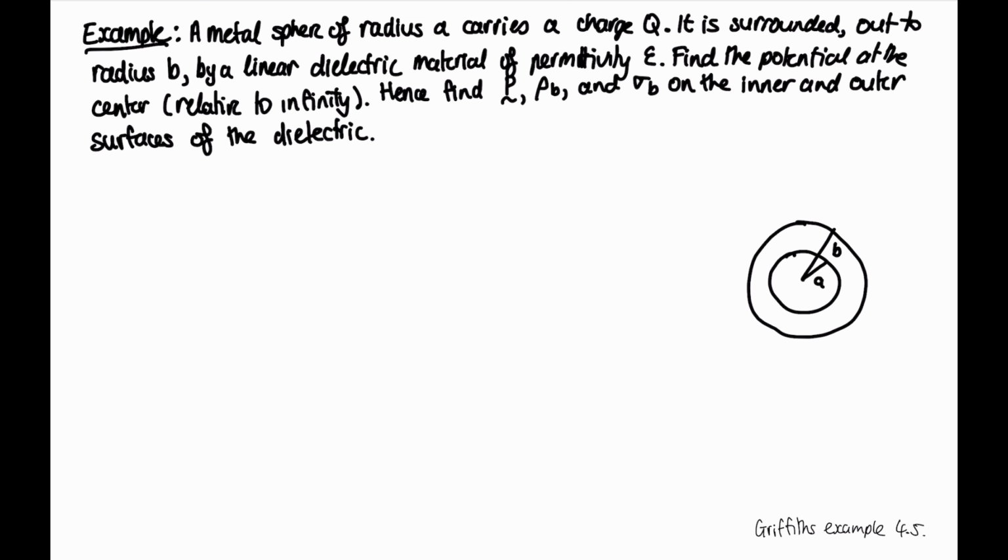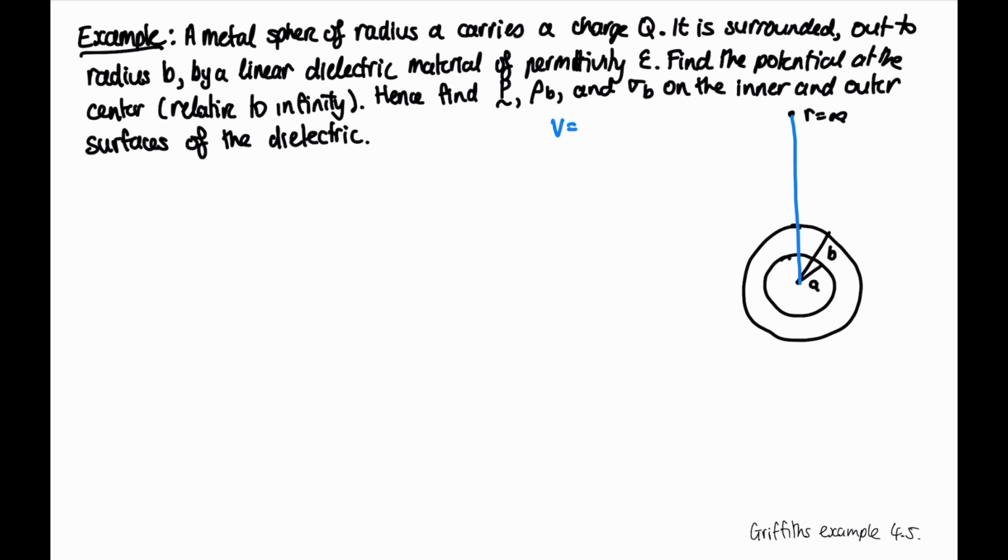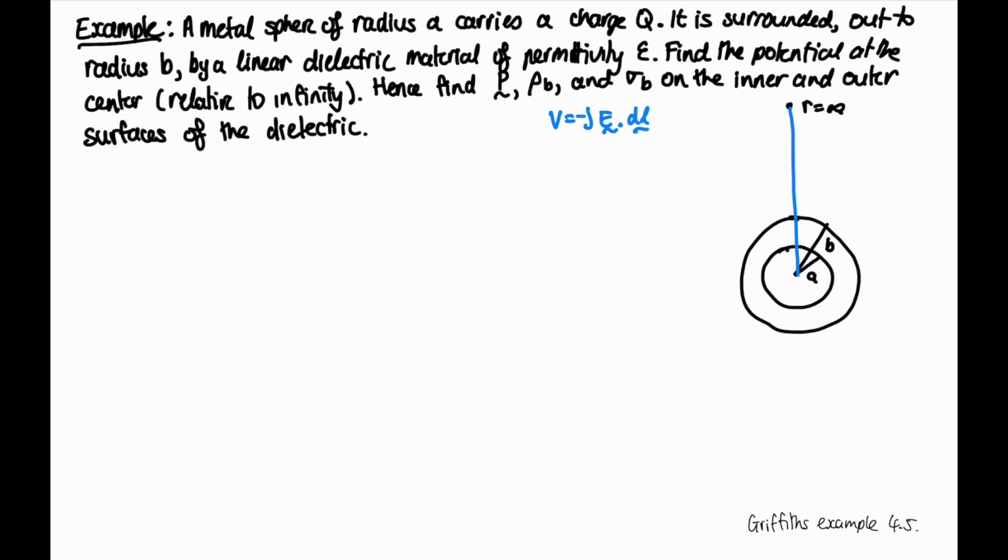So we want to find the potential here, and in order to do that, we imagine, like normal, bringing a charge in from r equals infinity all the way down to the center here. And we know that the voltage is equal to the integral of the electric field over the path. Well, with a negative, I left off the negative.